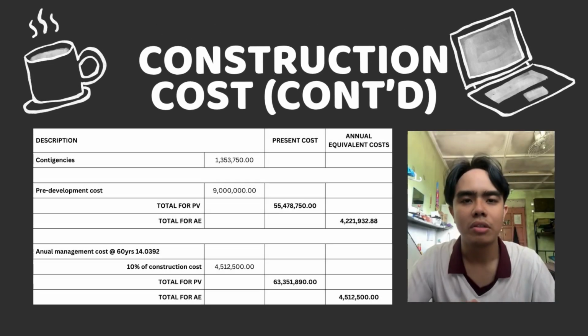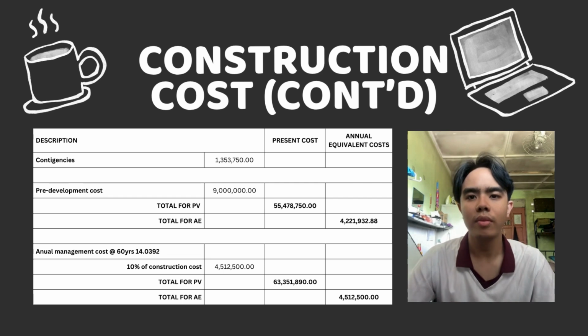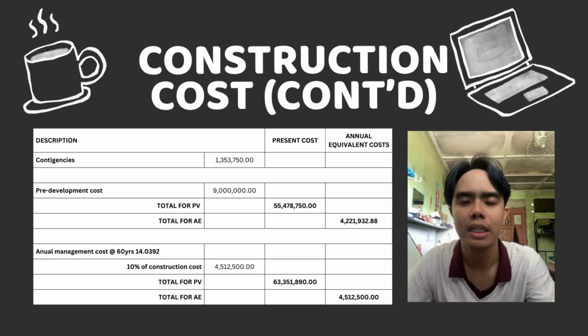Next, I will explain the next part, which is the contingencies, the pre-development cost, and also the annual management cost. First is the contingencies. A contingency is an allowance set aside to cover unforeseen expenses during the construction stage, such as design changes, additional work, unexpected site conditions, or fluctuations in material prices.